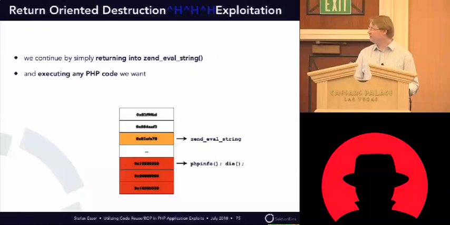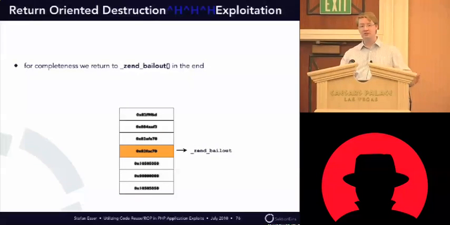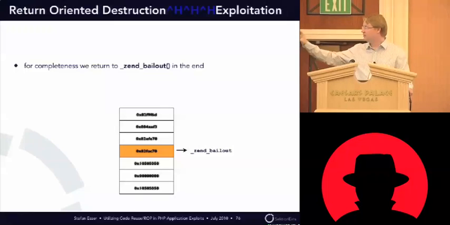Yeah, and for completeness, what you would do, put in the empty slot is the zend_bailout function, so that when you return from the executed PHP code, you would end up in zend_bailout. Anyway, this will crash, because this is in a place where I told you about the jump buff.